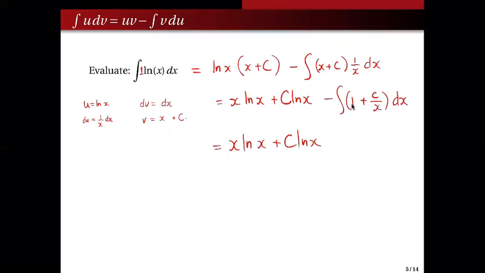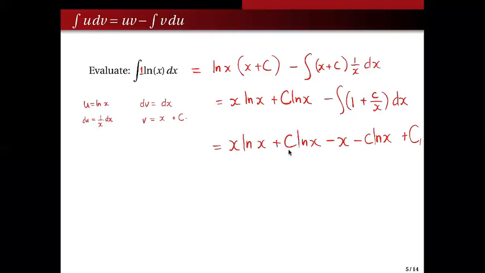If we integrate this, we will have x ln of x plus c ln of x. We integrate 1, that's just x, so minus x. We integrate c over x. The integral of 1 over x is just ln of x, correct? So you will have here minus c ln of x plus the arbitrary constant again, coming from this guy here.